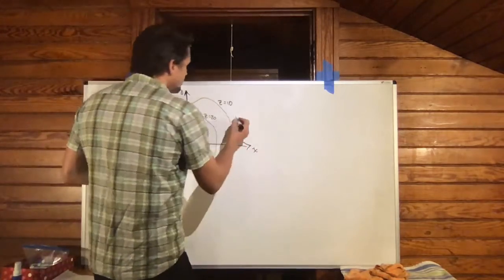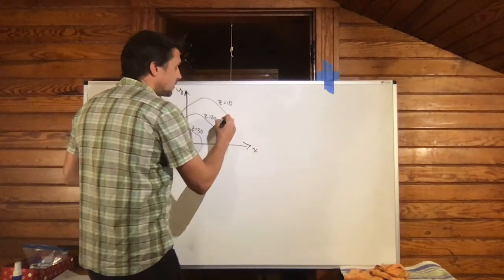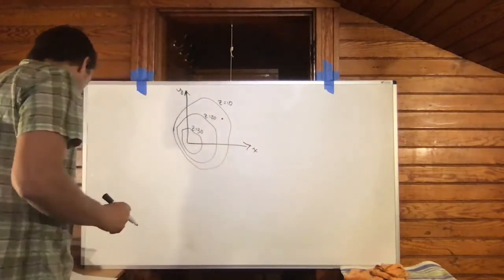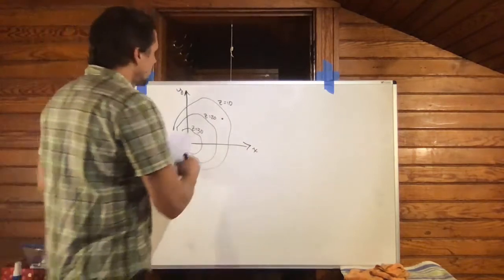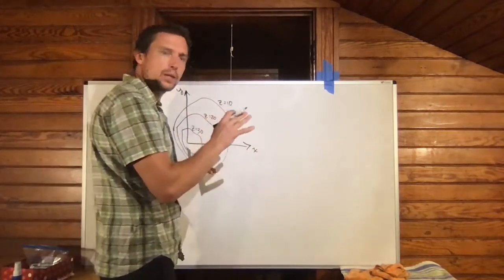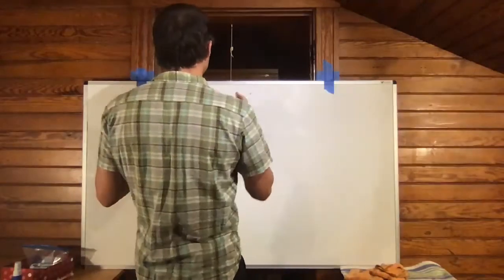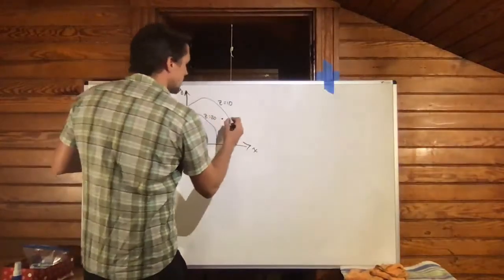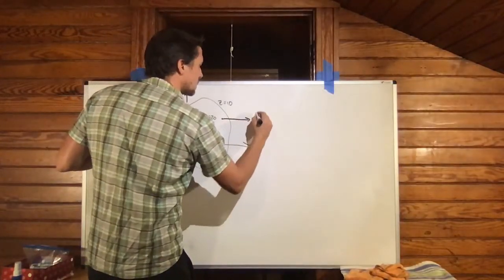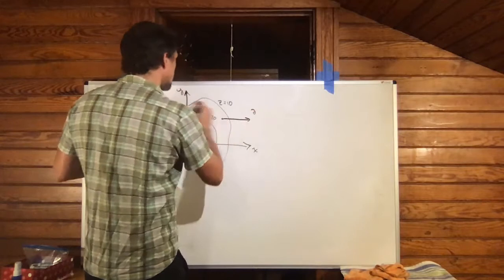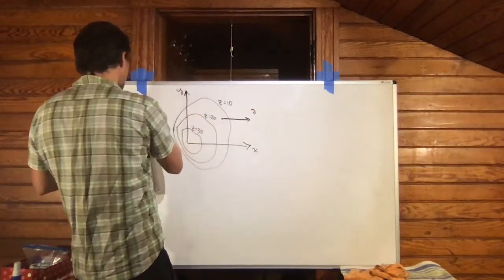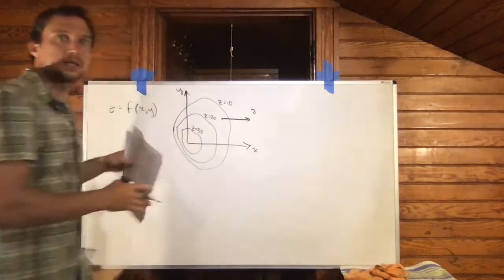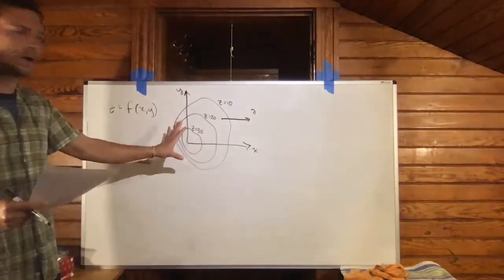Now imagine that I'm standing at this point. Well, you could imagine that when I stand at this point, and maybe I'm facing upwards along the y-axis, these are all lines of z is equal to f of x, y.